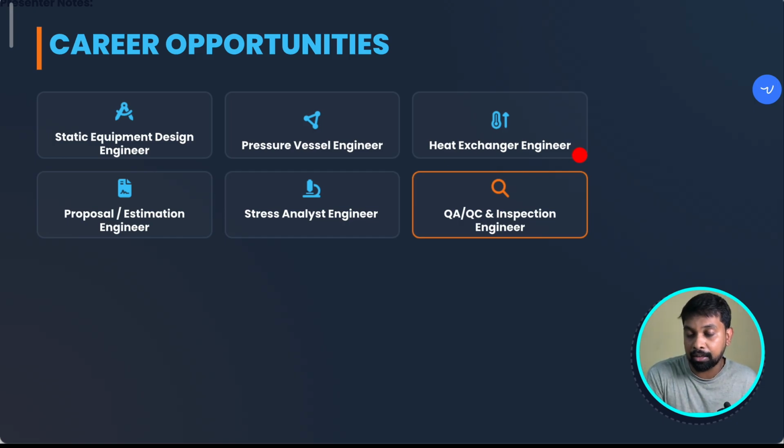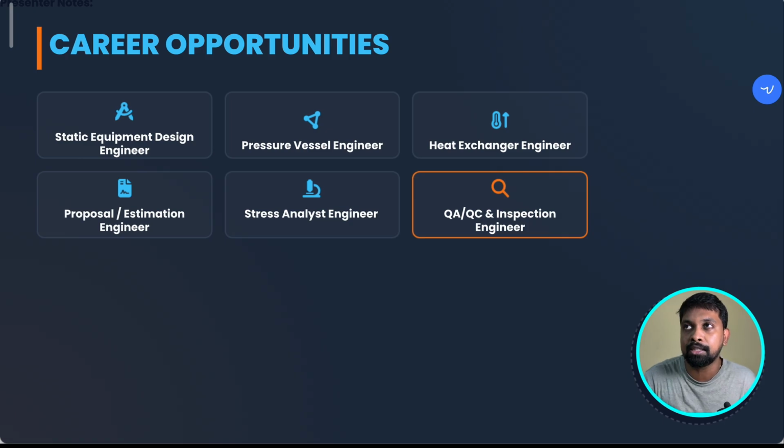Heat exchanger engineer: as I already told, some industries only manufacture pressure vessels and some only manufacture heat exchangers, so they want a specialist in those engineering areas. Proposal and estimation engineer is most common in almost all EPC companies, fabrication industries, or any other places. It is the most common job.